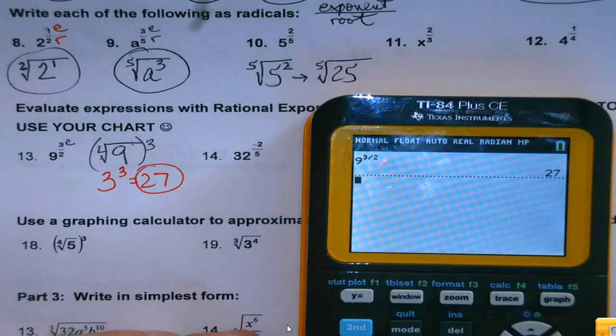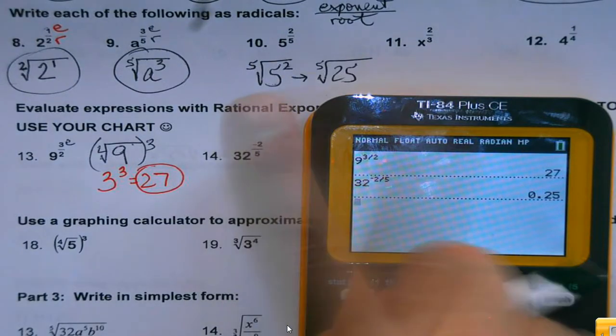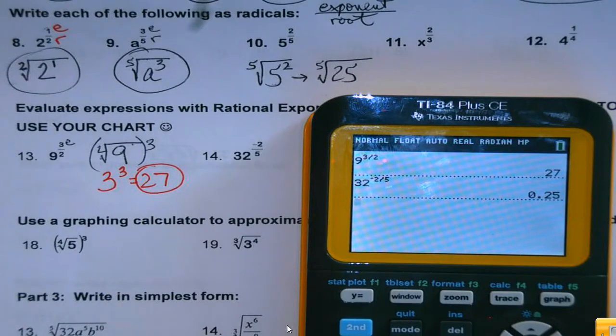But here's the danger. There is one danger in using the calculator with these, and it actually shows up in the very next question. So 32 to the negative 2/5. Okay, I'm just going to type this in. Get a decimal. Nope. We don't do decimals.